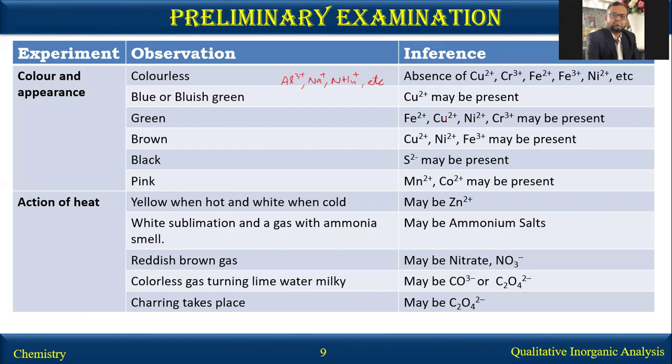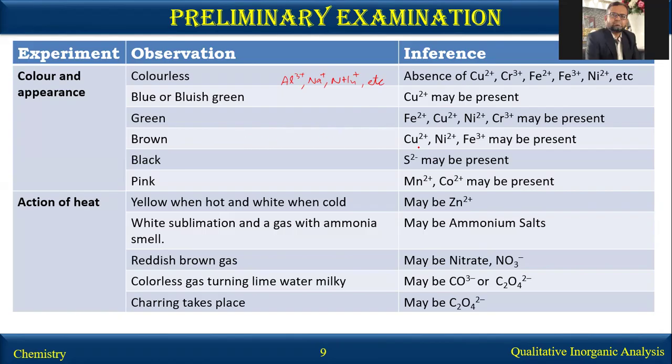Compounds of copper are usually blue in color, but its chloride is green in color. So if you find that the compound is green in color, then it could be any one of these. So it gives you a better idea about the presence of a cation, the color of the compound and the solution.